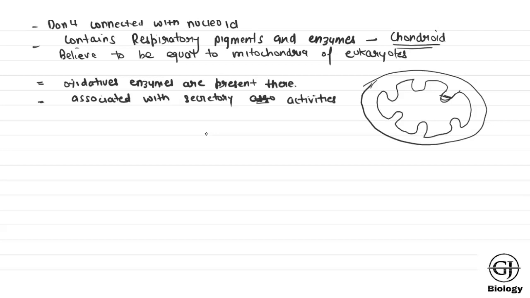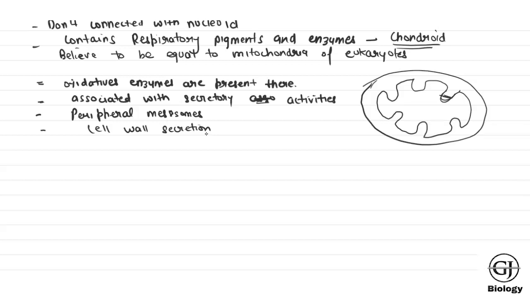These mesosomes, that is lateral mesosomes, are present towards the periphery. That's why they are also called peripheral mesosomes. They are also involved in cell wall secretion and other secretory activities.